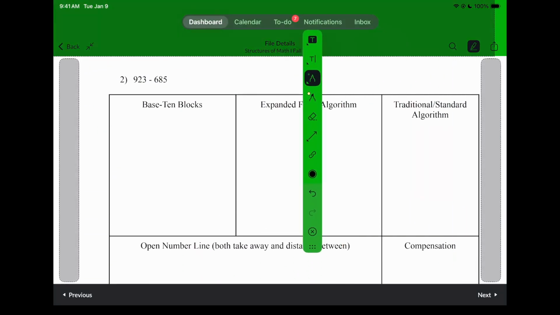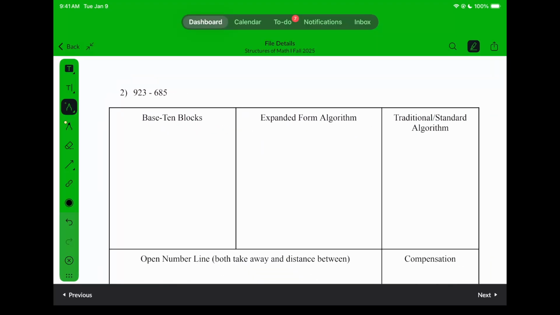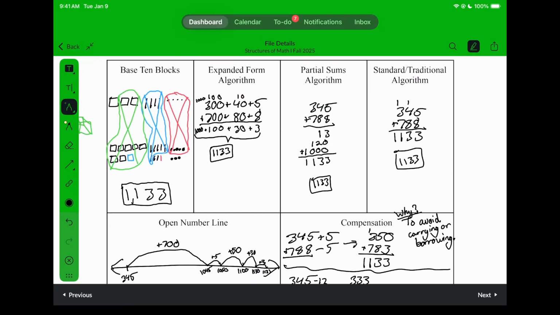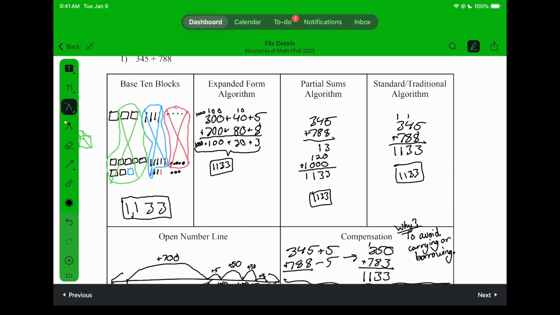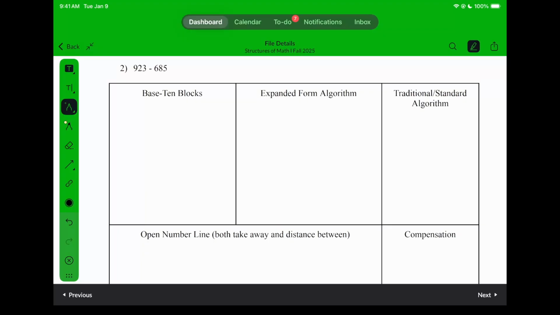Subtraction is going to be a little different. We're going to do 923 minus 685, starting again with our base 10 blocks. It's different for subtraction. Rather than drawing both numbers and adding them together, we're only going to draw the first number.